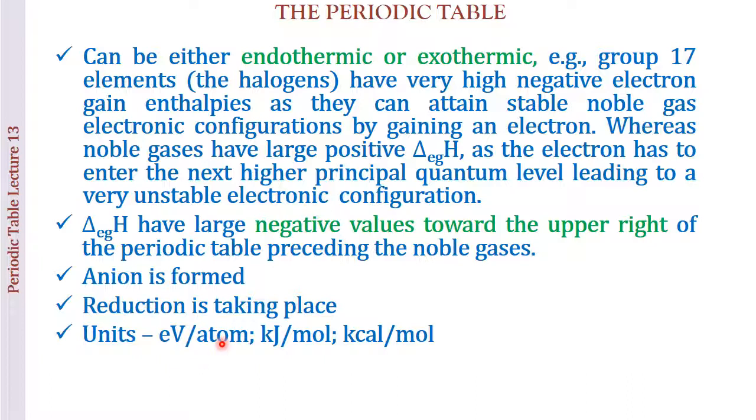And the units for both of them, ionization enthalpy as well as electron gain enthalpy, both being energy changes, are going to be energy units. So similar to ionization enthalpy, we have units as electron volt per atom, kilojoule per mole, kilocalorie per mole, depending upon what units we are desiring.